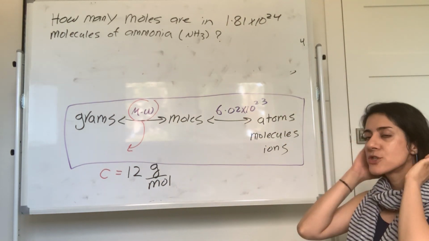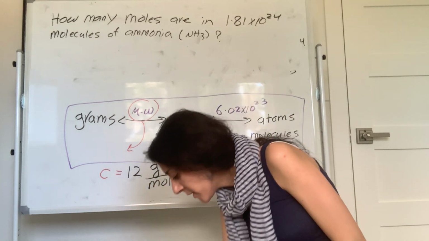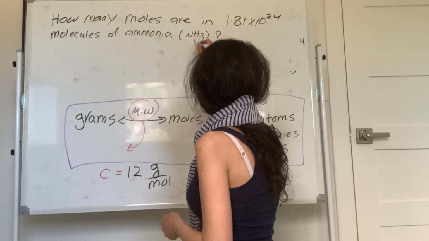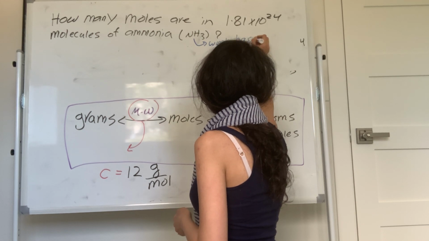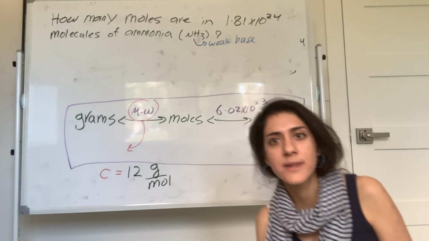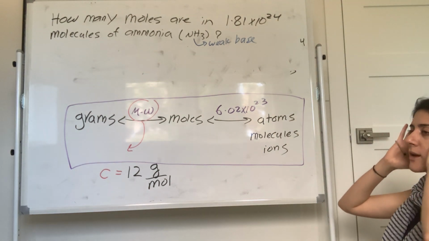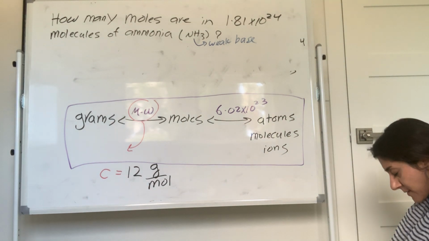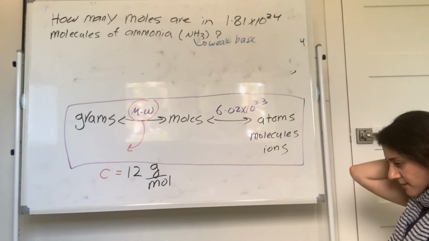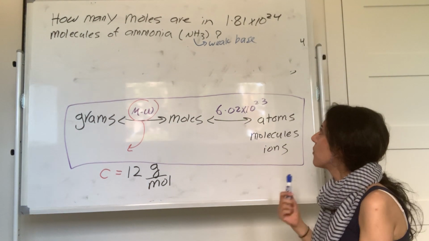Ammonia is NH3, and ammonia is a weak base. Again, you don't really have to know any of this for this lecture, but I really want you to know what ammonia is. We're good? Okay, weak base, NH3.